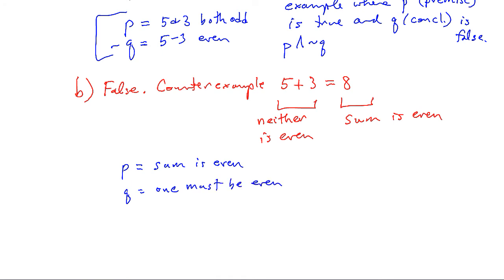Then this statement in B is the statement if P then Q, and in order to disprove that, we show P and not Q. That is, we have a situation where the sum is even and not the case that one of them is even.